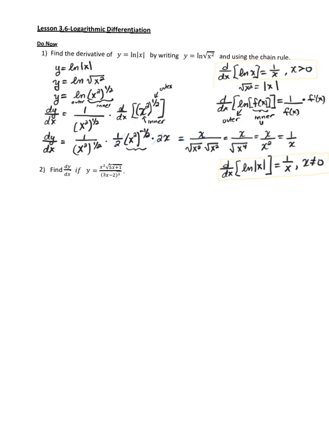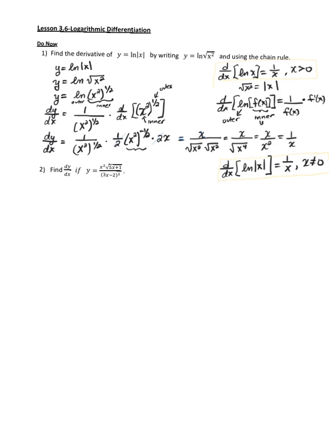Now, I'd like to show you a technique that uses the natural log to differentiate. And this is called logarithmic differentiation. It's very important to remember the derivative of the natural log. Please note that here we'll assume that x is positive always, and whatever we're taking the natural log of, we'll assume that quantity is positive.